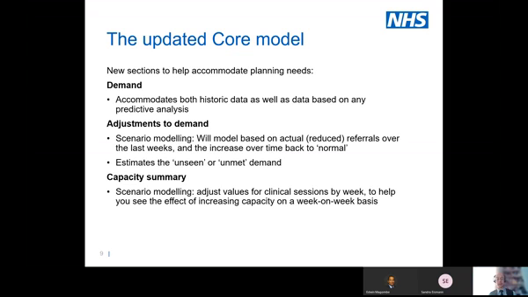And so in order to accommodate that increased pace of change in capacity, we've made some adjustments to how you actually look at capacity, and we'll have a look at how that might be used to support your planning for your service in the coming weeks.